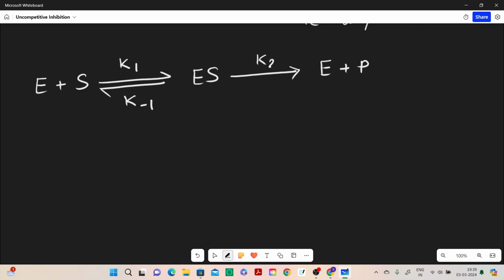And apart from that, I have also described a concept known as the steady state approximation, which we will use in this case as well.